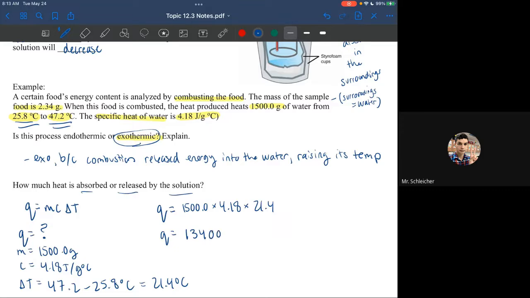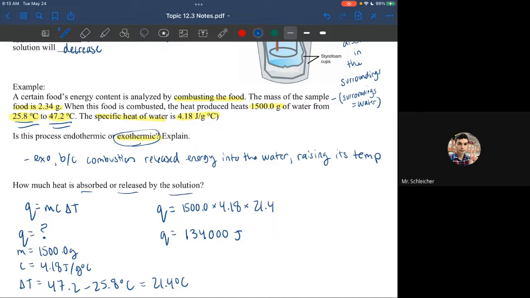I'll just round it there. 134,000 joules. A lot of joules.